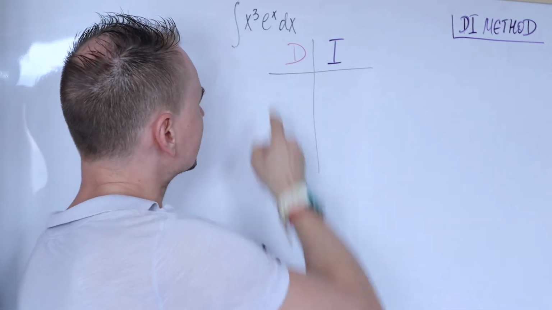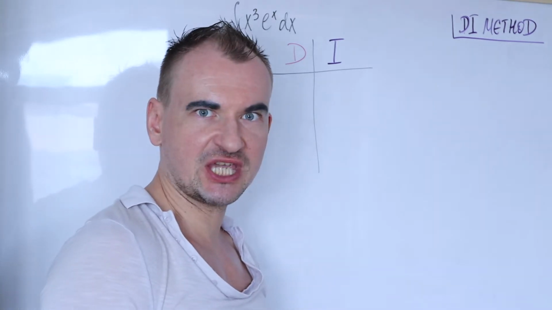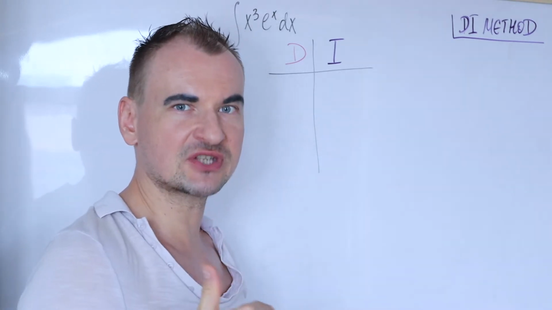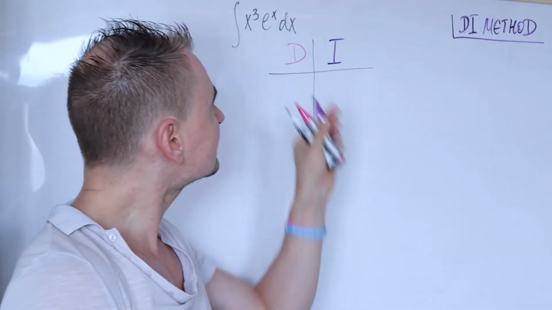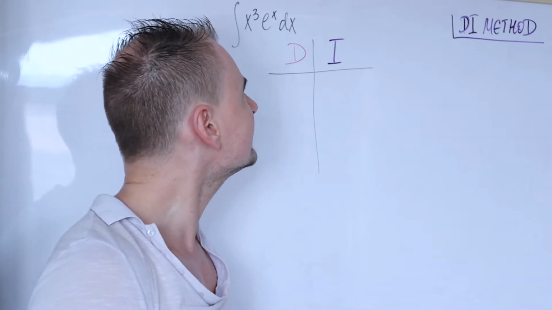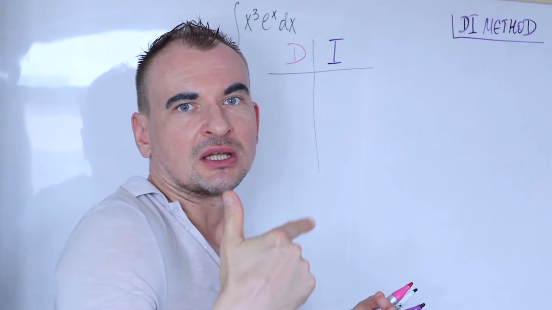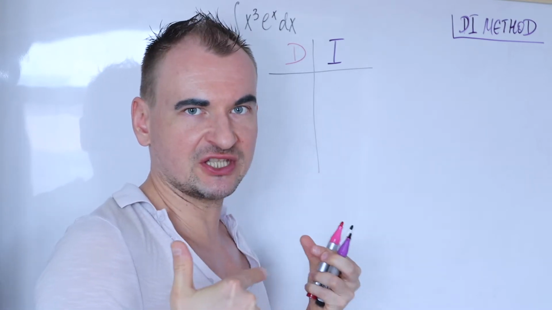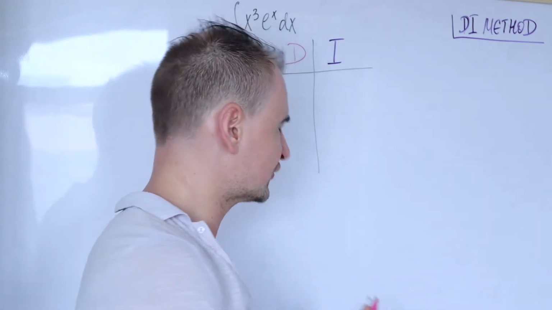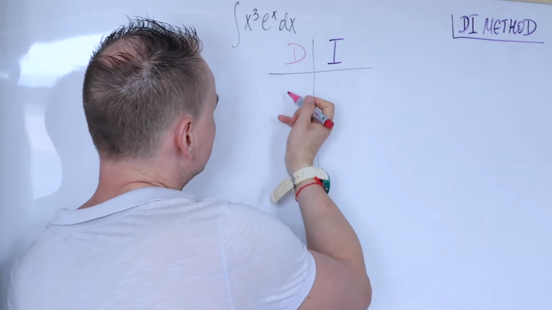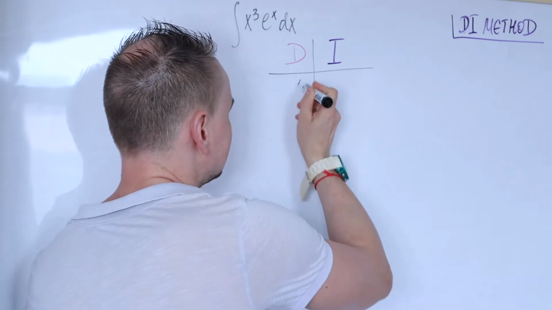Now, if you look at your integral, at your functions, x cubed would be easier to differentiate a few times, and eventually we would come up with the 0. Since the derivative of e to the x is e to the x, and whatever times you differentiate e to the x, you would always end up with e to the x. So x cubed is going to be your function for this D column.